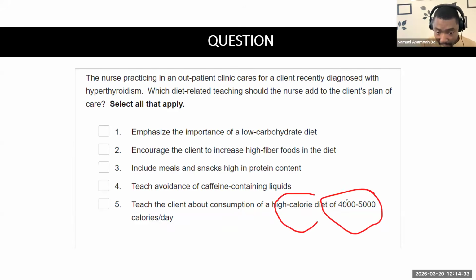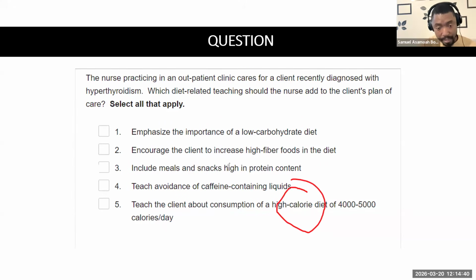The fact that this is qualifying the 4,000 to 5,000, I'm pretty much good to go. The patient actually needs a high calorie intake because metabolism is fast, so you need to meet up with the loss of the patient by giving a high calorie diet as well. Exactly, Jessica.